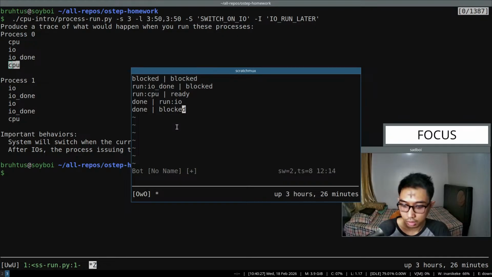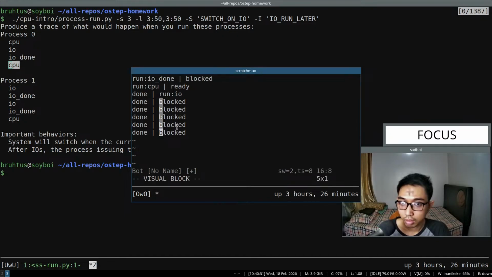Block. Okay. 5 times. And then I'm all done. Then CPU. And then done maybe.